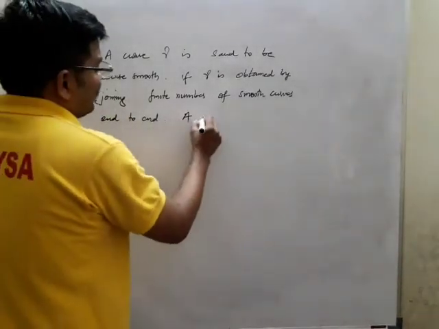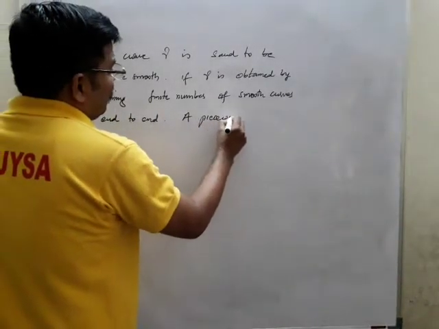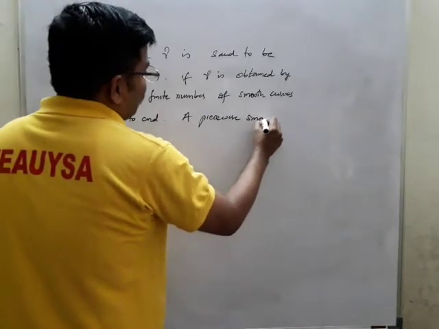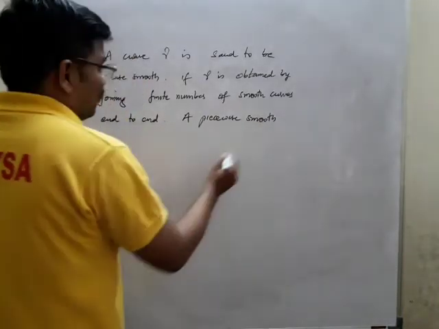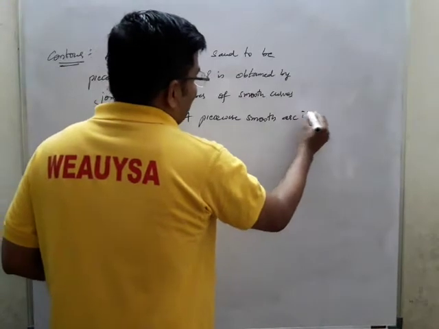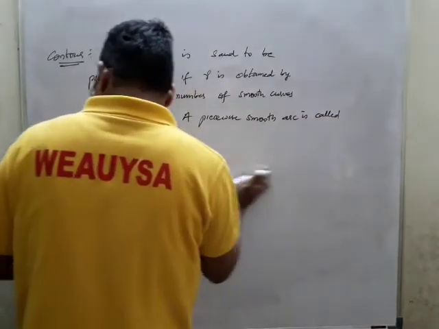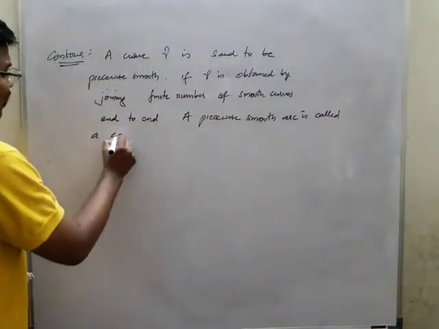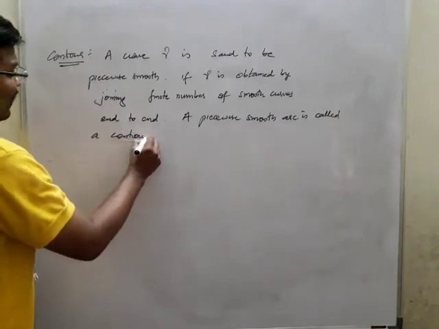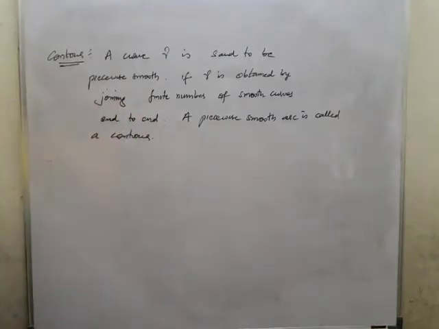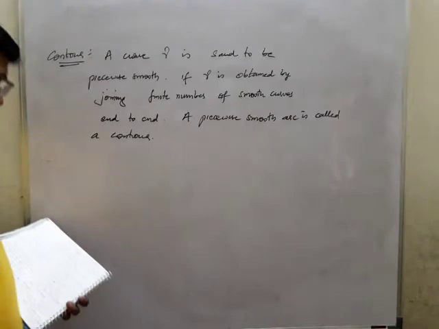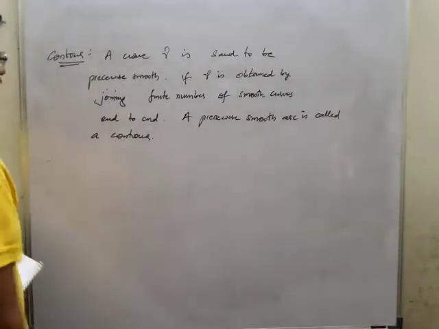A piecewise smooth arc is called a contour. A piecewise smooth arc is nothing but a contour. This is what we have.